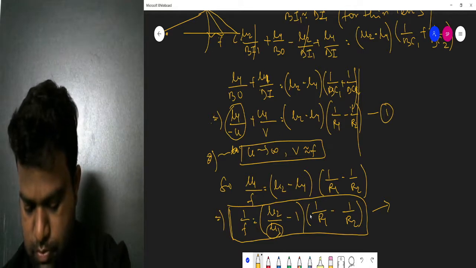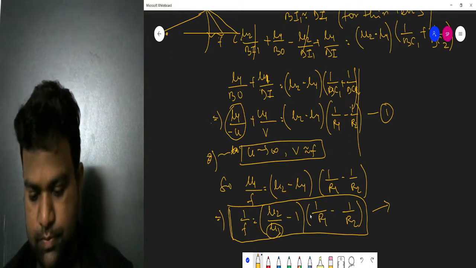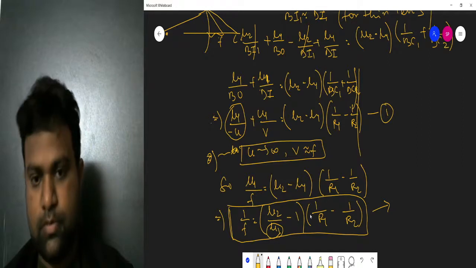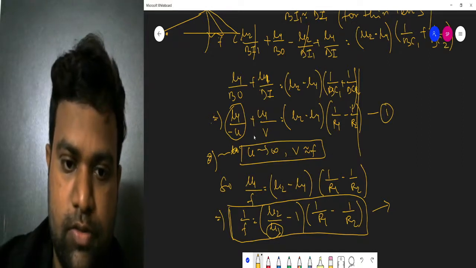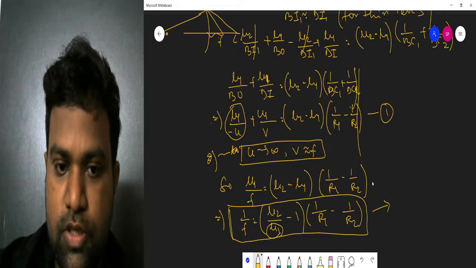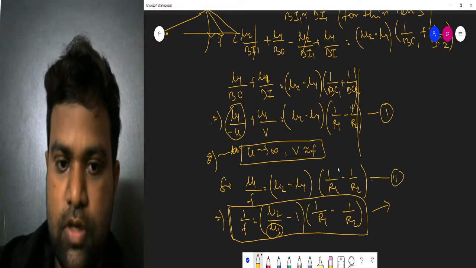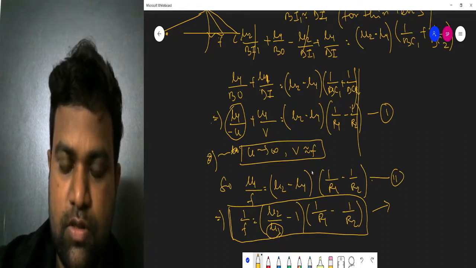Now you can see in equation 1 and, let's say this is equation 2, in equation 1 and equation 2 the right side is equal.